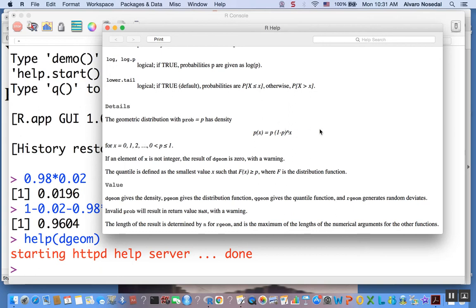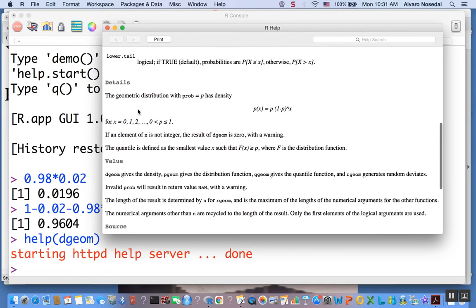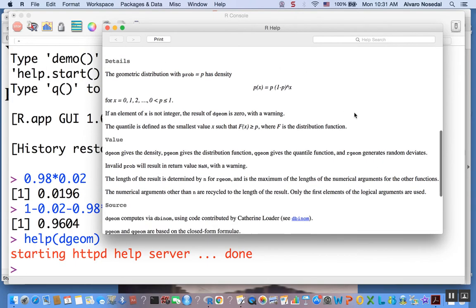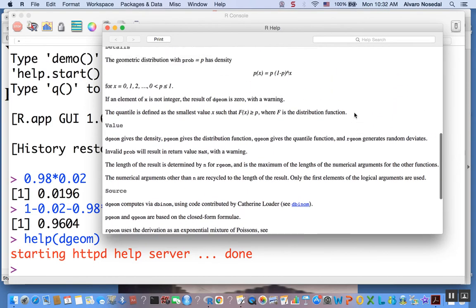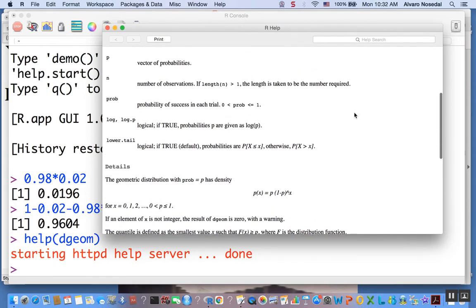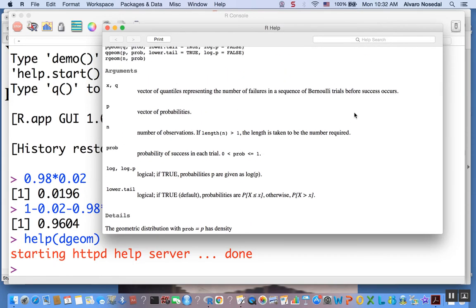What I want you to see here is that the random variable x is the number of failures before your first success.